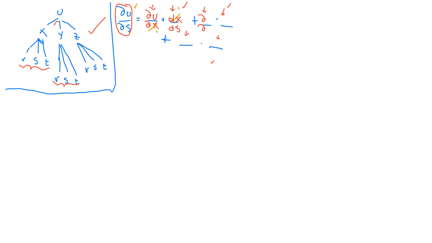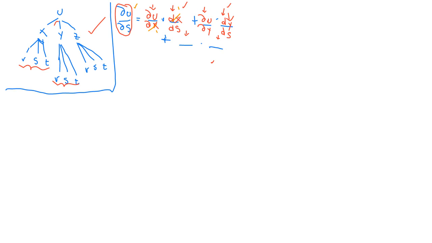Good. Partial of u with respect to y. Very good. Partial of u with respect to y times then d something. Good, Eric. dy ds. Now, why do I have a dy ds here? Why don't I have the partial derivative of y?